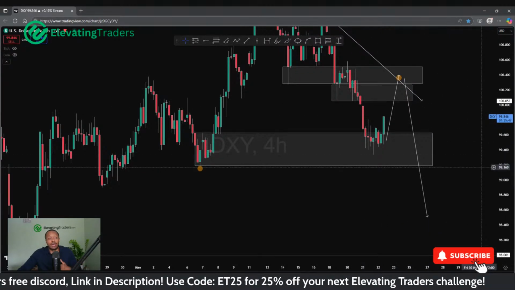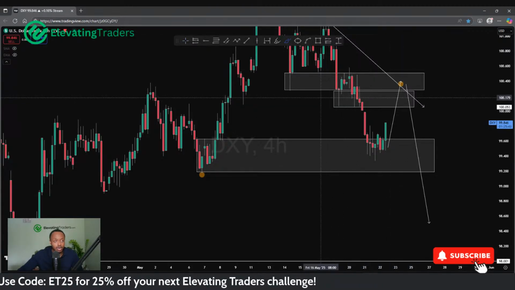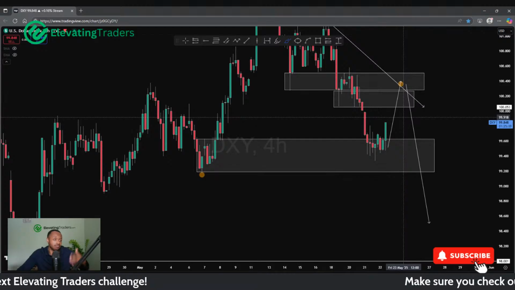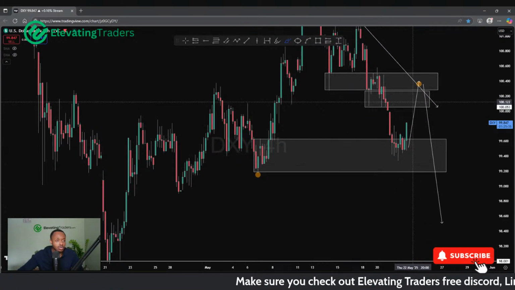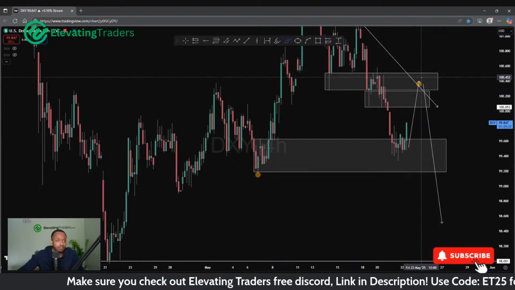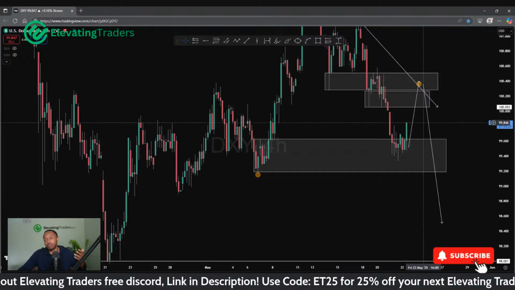From a trading perspective, you probably want to be ready to maybe close the trade at 100.2 if you see alarming signs that the market's going to roll over. If things are still looking good, maybe you can hang on for a little bit extra pips to 100.4 and then close it there. But we're roughly in the same ballpark.